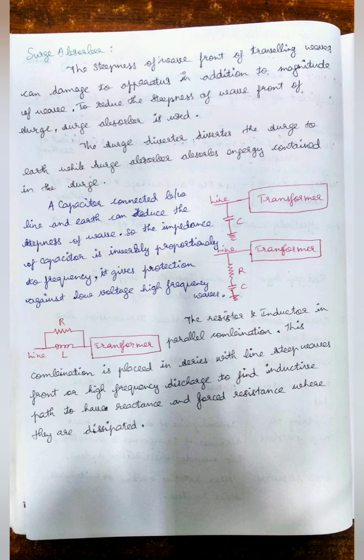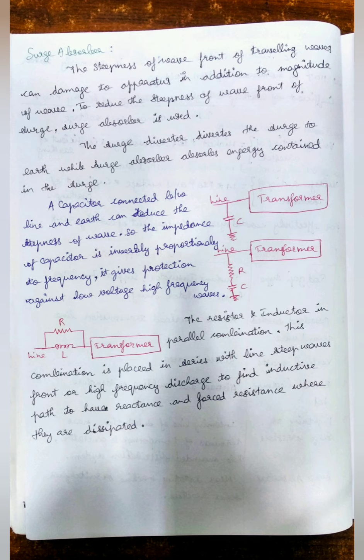So to reduce the steepness of the wave front of surges, the surge absorber is used. Normally it consists of a capacitor connected in parallel with the transformer or any protective devices, or even a series of resistors and capacitors connected in a line in parallel to earth.